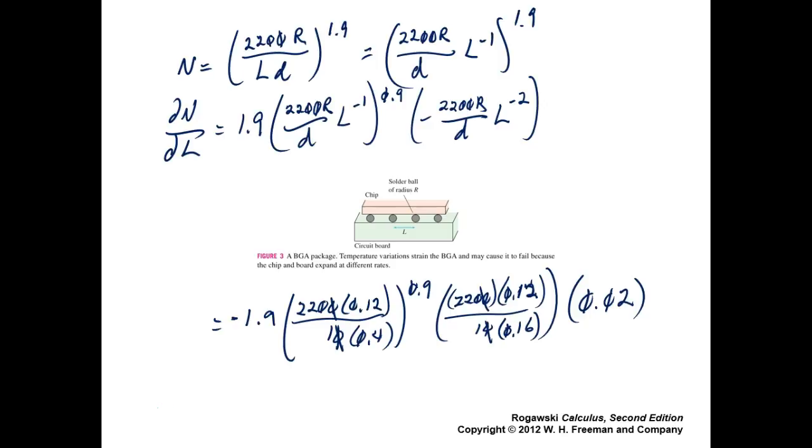If you can be careful and do your calculation there. Now, I think what I would do first is do this one first to make sure you only do this to the 0.9 power. Okay? So I would do this. I would say 220 times 0.12 divided by 0.4. That answer raised to the 0.9 power.